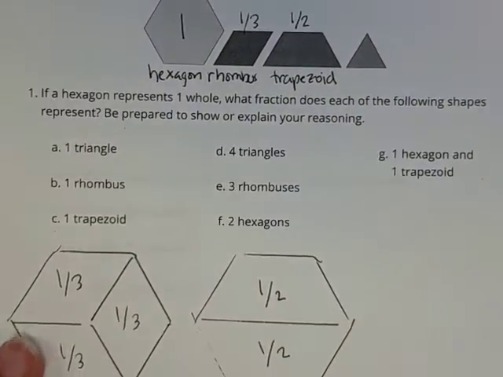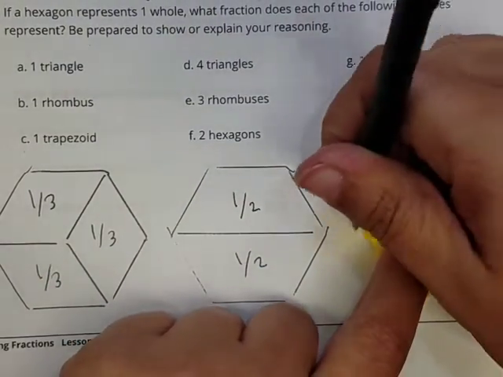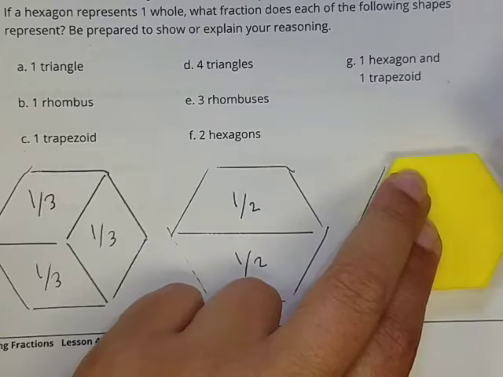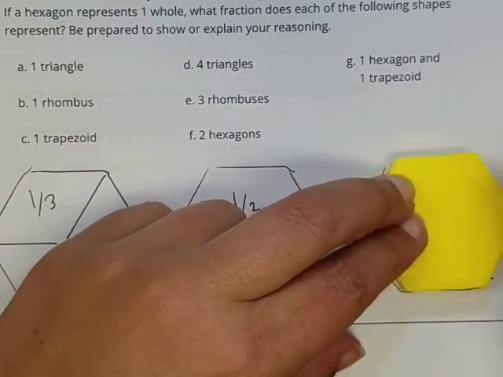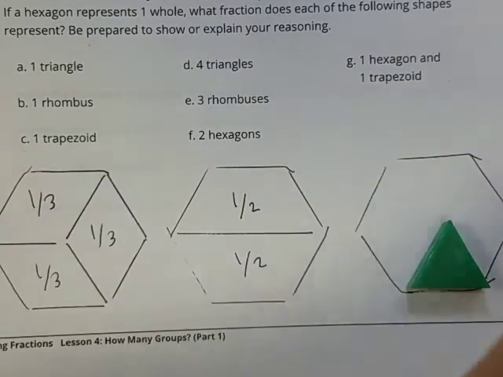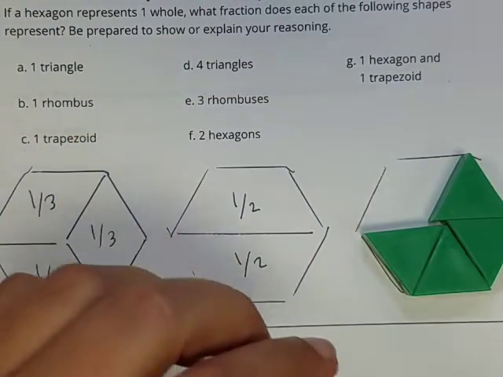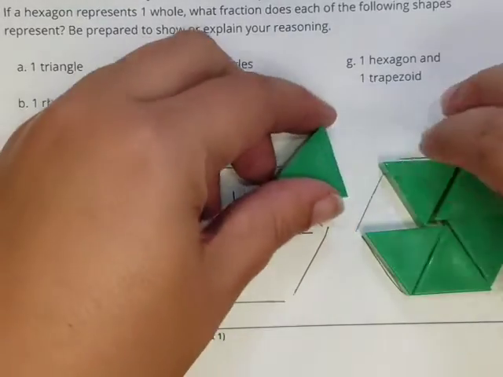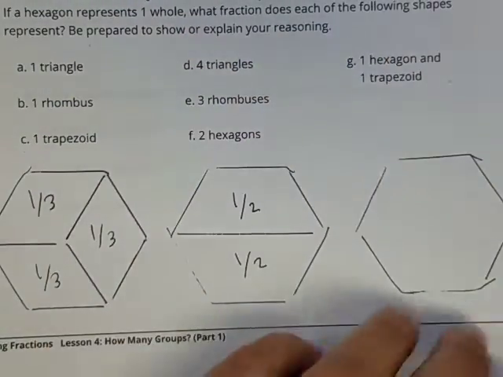And then the triangle, if I were to put this here, I can see how many triangles fit in here. Well, there's 1, 2, 3, 4, 5, 6. Okay. So a triangle is just 1/6.